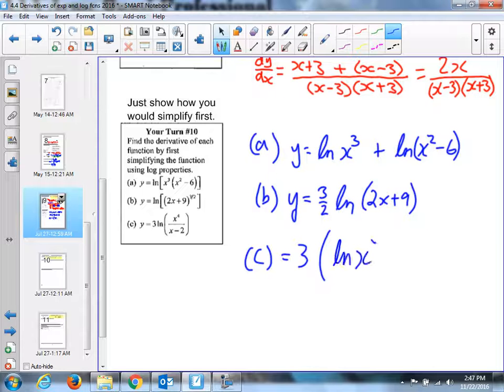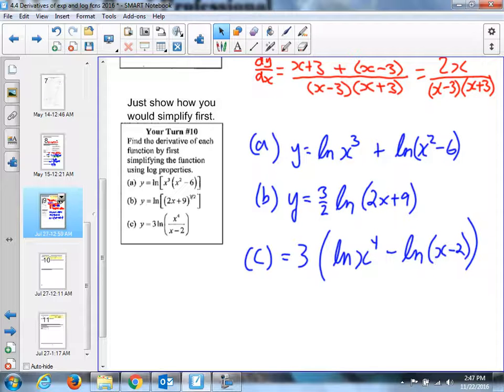Natural log of x to the 4 minus natural log of x minus 2. I just didn't want to do 2 steps at once. I actually would put the 3 in front of each item, as long as you got this thinking process. Okay? You guys good on this one? Okay, that isn't calculus, that's just simplifying.